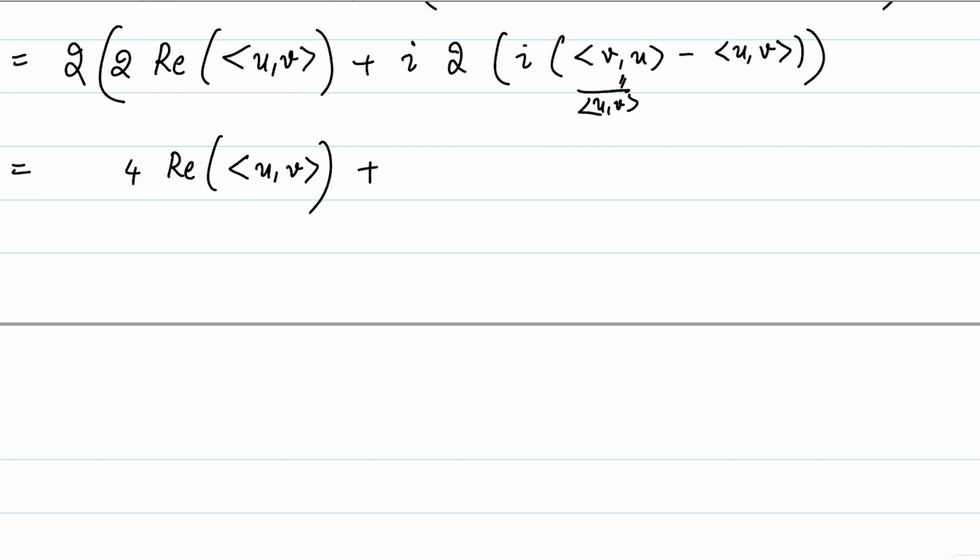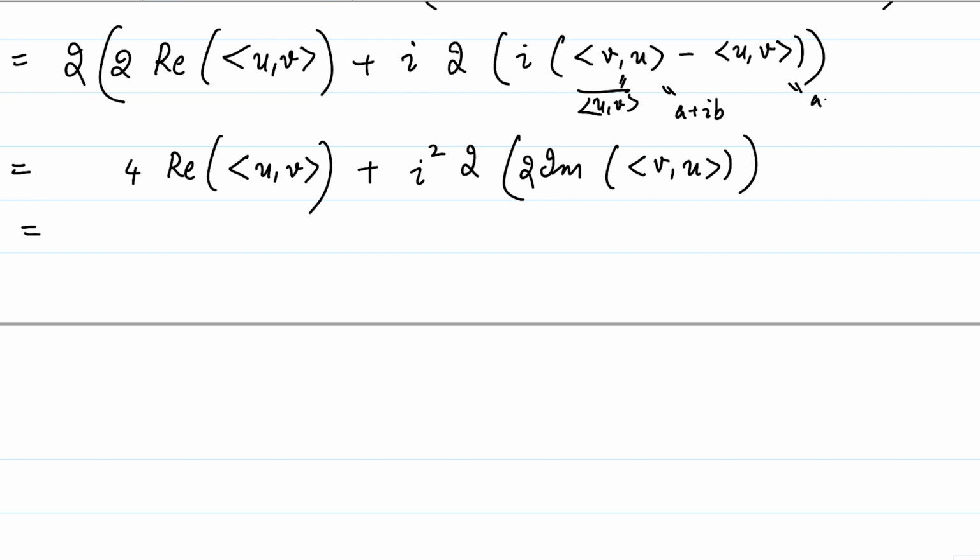plus, so there is an i, which is i squared, times 2 into the imaginary part of v comma, or maybe I should put it this way. Yeah, let's see. We'll come to it in a minute. So this is equal to, there is a 2, and why is that the case? Because this is a plus ib and this is a minus ib.